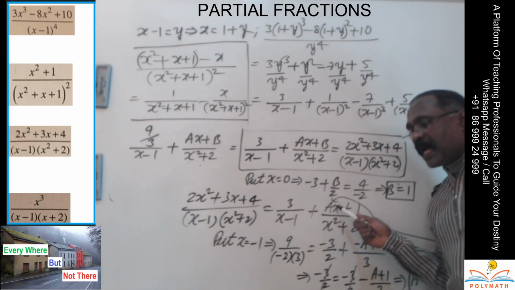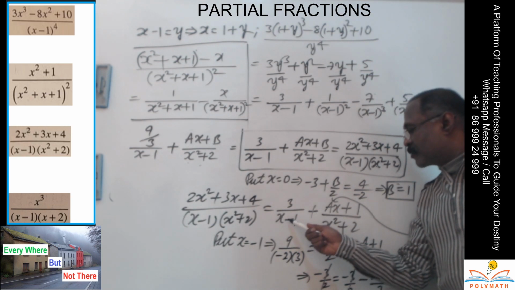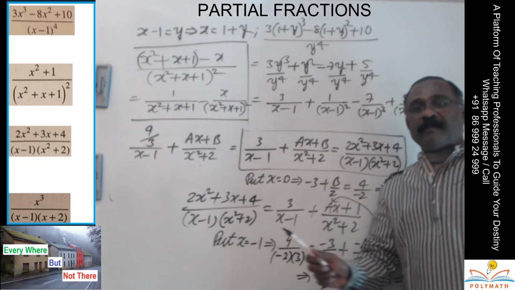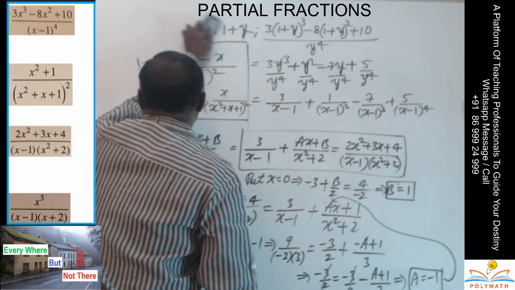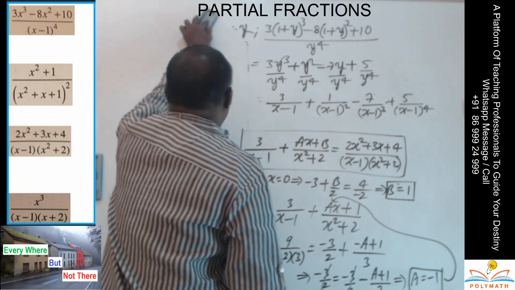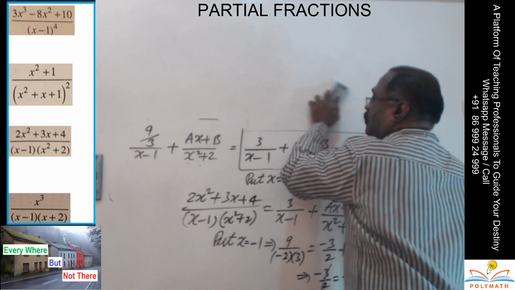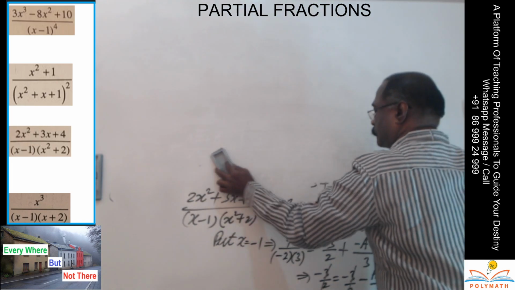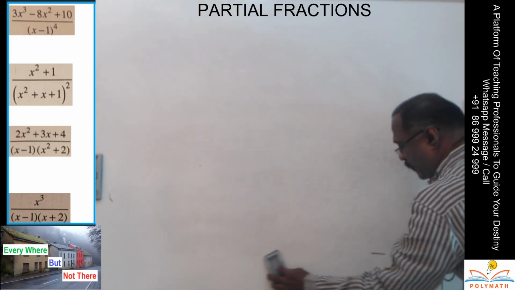And I have to get a now. I cannot put x equal to 1 here because it becomes 0. That is why I put x equal to minus 1, and thereby I have got a equal to minus 1. Thereby I have got the partial fractions, without applying the method. Let us go to the next one.